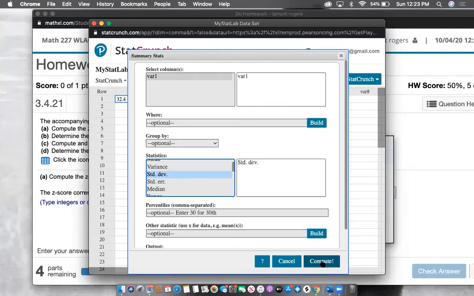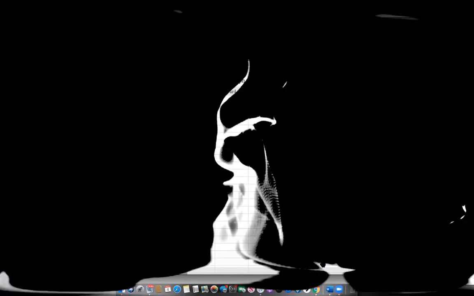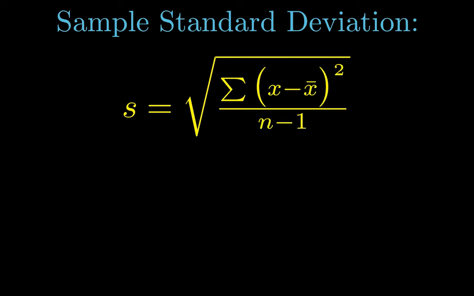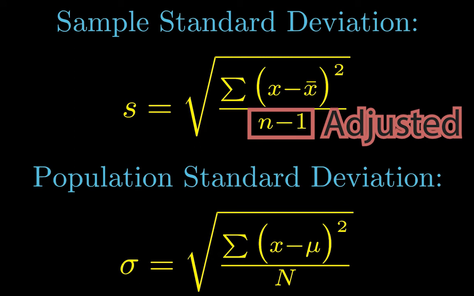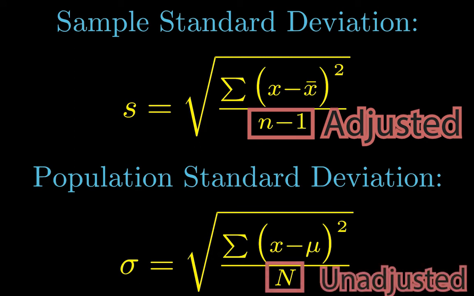Okay. By the way, it's adjusted. The sample standard deviation is adjusted because you're dividing by n minus 1 and not n. What does that mean? Because you know how they say unadjusted, right? Unadjusted means that they're dividing by just n, so it's the population, and it's a little hard to go into why they divide by n minus 1.